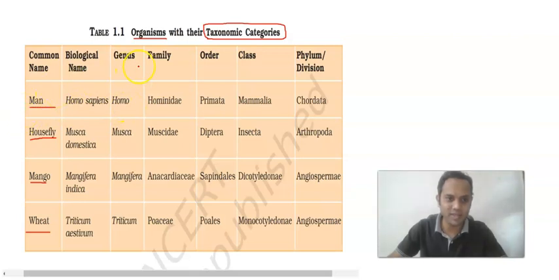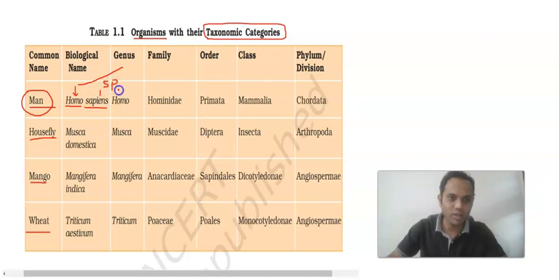For example, let us take the first example, man. Man belongs to, or its biological name according to the binomial nomenclature that we have seen, is Homo sapiens. Out of that, Homo is the genus, and sapiens is the specific epithet or species name.